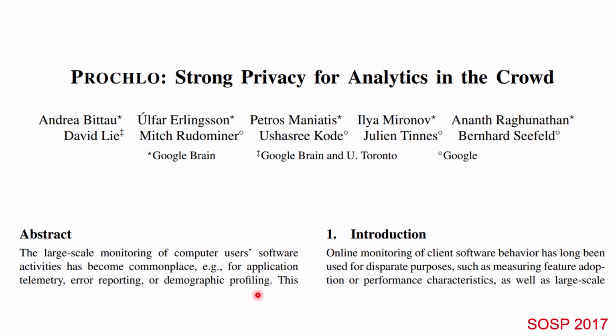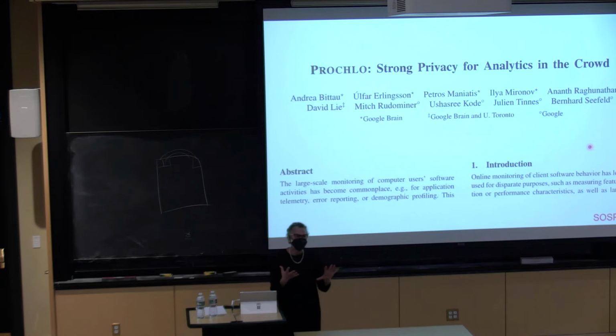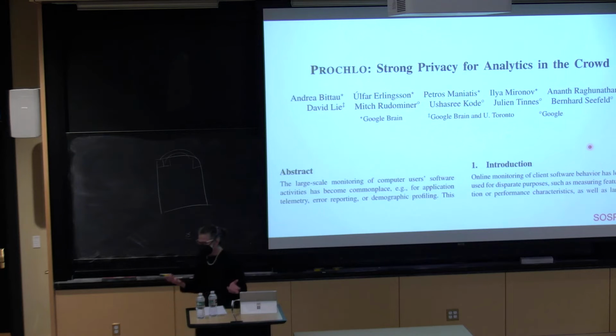Now, the idea of introducing the shuffler came from a very interesting, thought-provoking and thoughtful paper by Bittau et al. They think a lot about how you might implement differential privacy and even gradient descent in a big network.